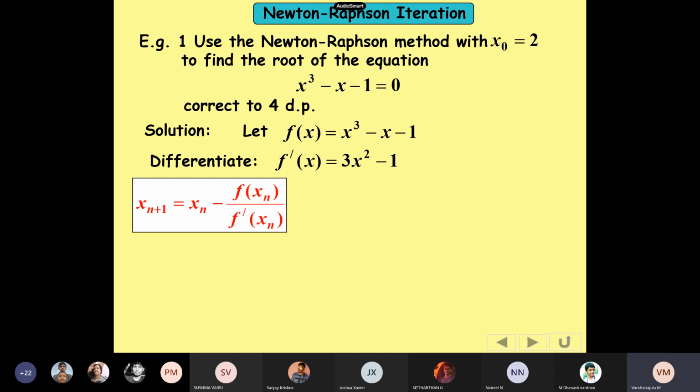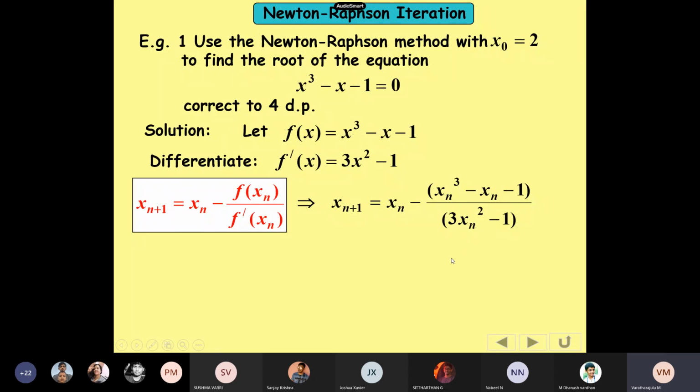So this is our formula: x n plus 1 is equal to x n minus f of x n divided by f dash of x n. Here f of x n is x n cube minus x n minus 1, and f dash of x n is 3x n square minus 1.